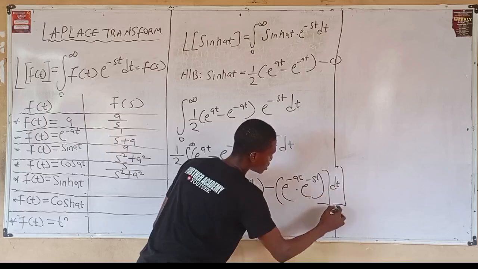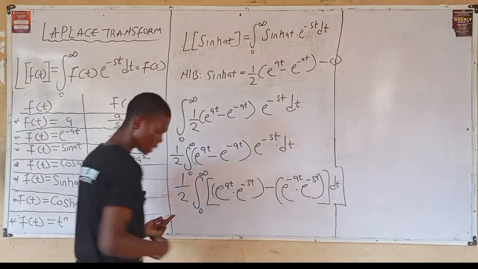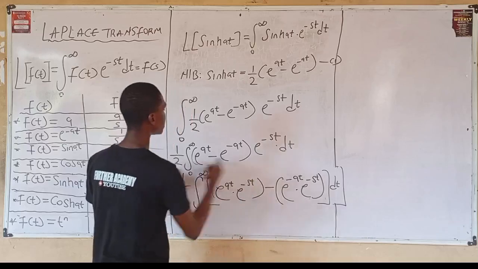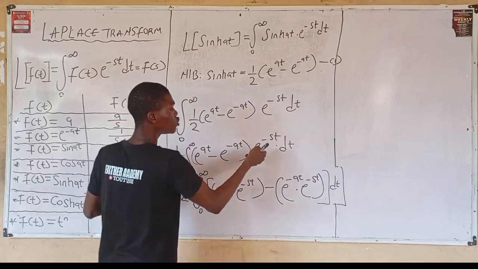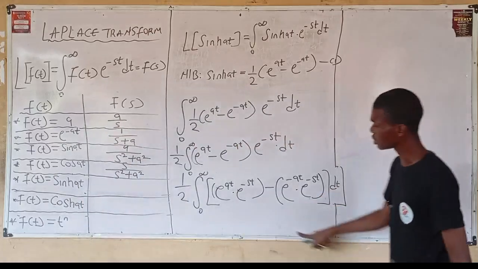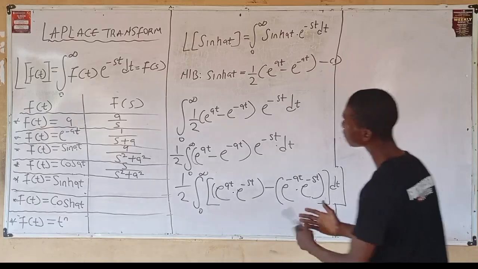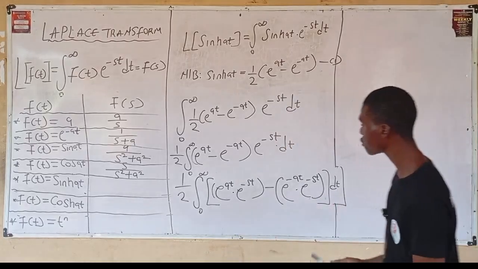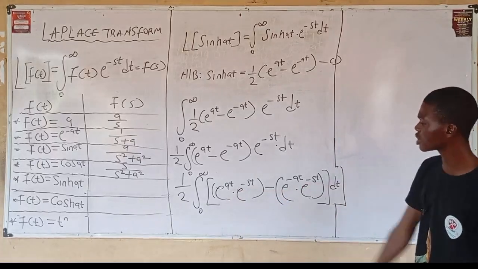Then we have dt. Now let's simplify this. What we just did here was expand this bracket: we factored out 1 over 2, then used this function to multiply both terms. Now let's integrate. But before integrating, let's write this integral in a nicer way, summing the powers of each exponential.